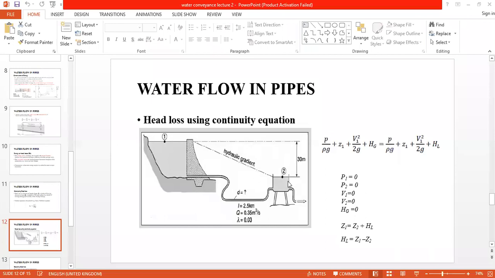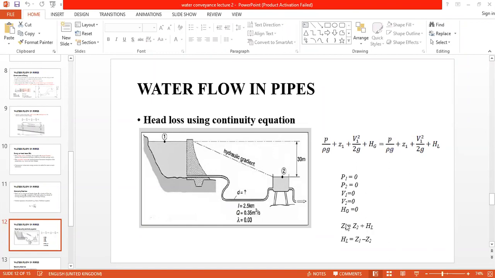So the energy here will be equal to the elevation here plus the head loss. When we do that, here I'm just showing the components which are 0. And in the end, this is what we're talking about.